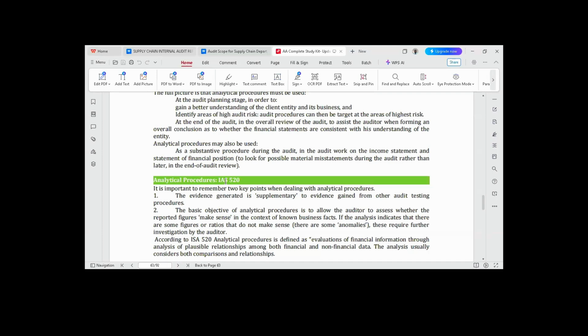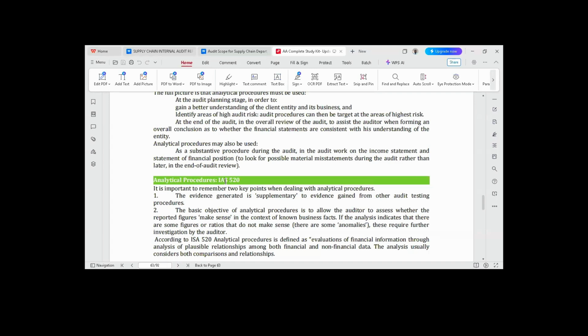What do you mean by net changes? You look at your receivable last year, 20 million. Receivables this year has turned to what? 40 million. That means there's an increase in your receivable. That means there's no proper monitoring. The only thing that can justify that is if your revenue has also doubled.